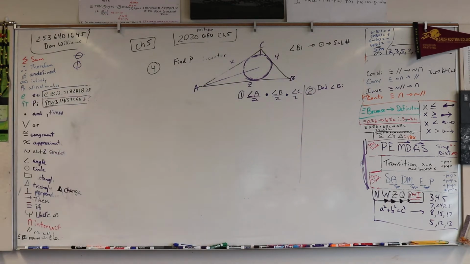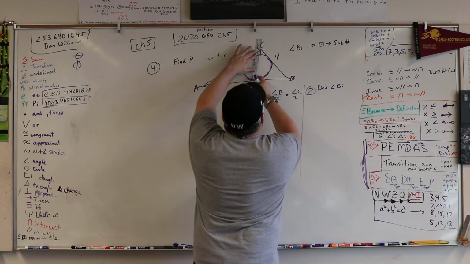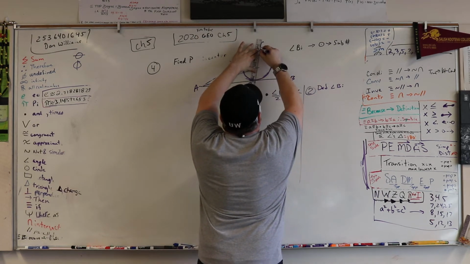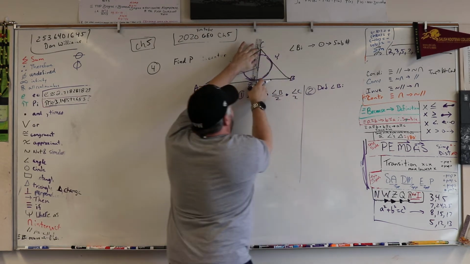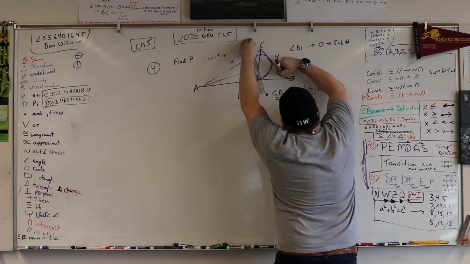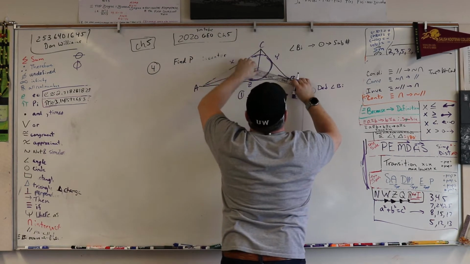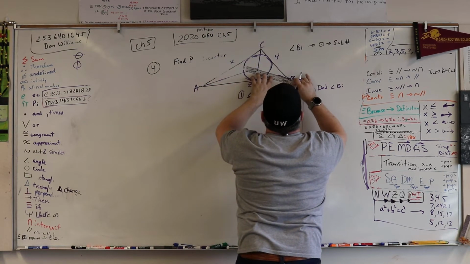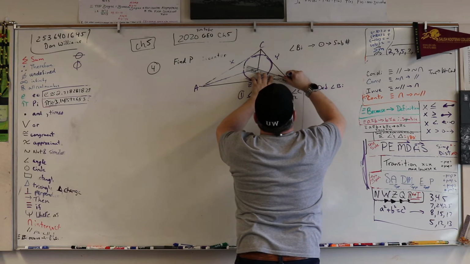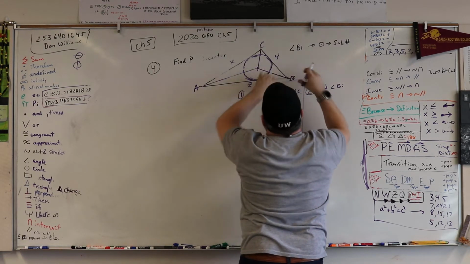I'm erasing my board. Here we go. So then I'm going to come down, cut this angle in half. Boom. And then I'm going to cut this guy in half. All you got to do is cut each angle in half. Once you cut those angles in half, they're going to produce a center.